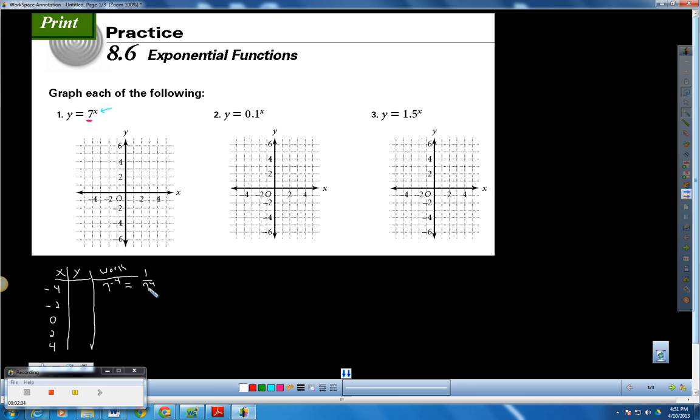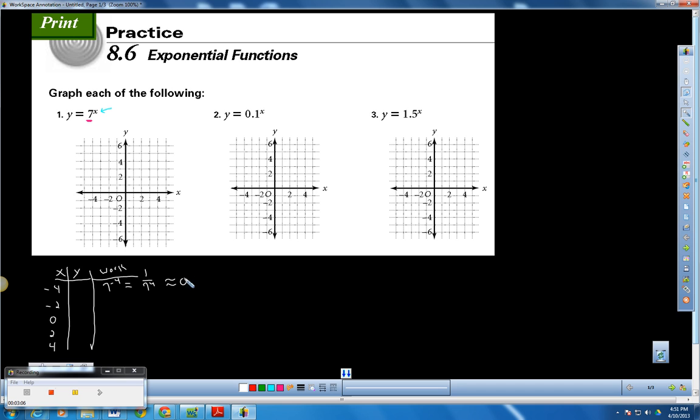I just have to know that 7 to the 4th power is going to be a really, really big number. And when I take 1 and divide it by a really, really big number, I know that I'm going to get something very, very close to 0. So in fact, I wouldn't even want to use an equal sign. I just know that this is going to be so close to 0, I'm going to call that about 0.